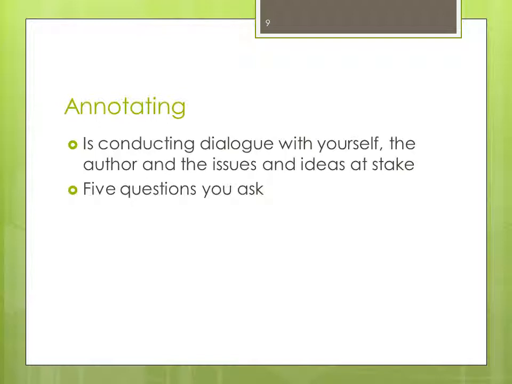When you annotate, you ask a number of questions to yourself and to the researcher, and through this dialogue, you will have a clear idea of what you're going to do and how you're going to do it. There are about 5 questions that you really need to ask yourself when you are annotating.